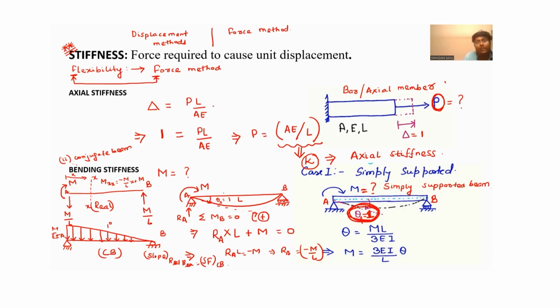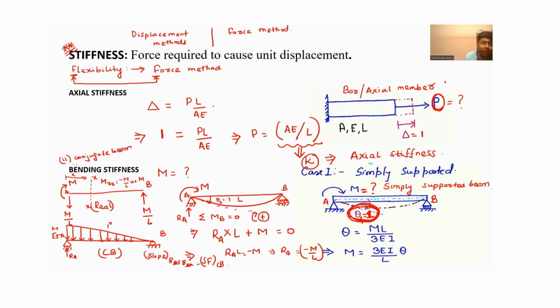So we require theta at point A, the slope at A. So if we calculate this reaction, our job is done. That will be the theta A of the real beam, correct? Yes, sir. Yes.